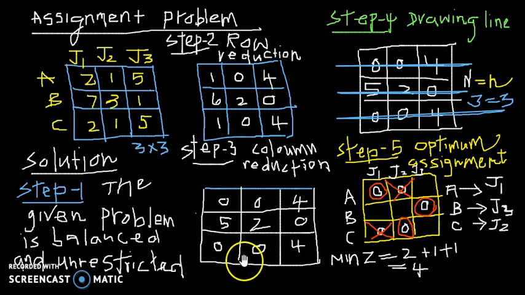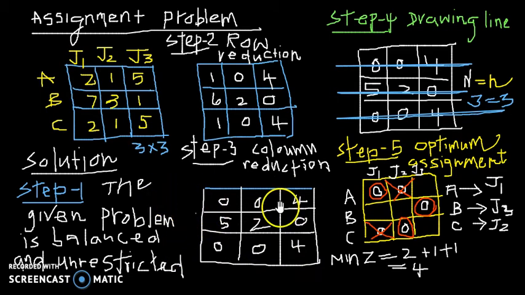We have to take the row or column with the maximum number of zeros and start with that. Here the matrix is 3 by 3, therefore the maximum possible is 3 zeros. So we are looking for 3 zeros in a row or column.